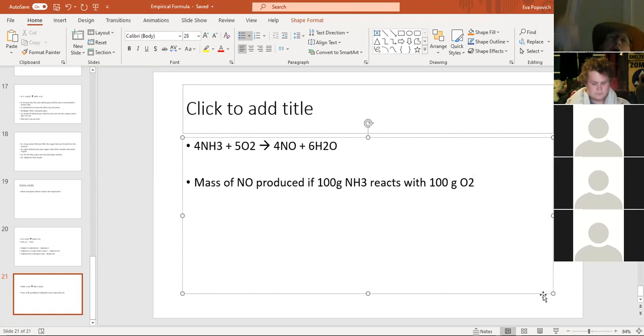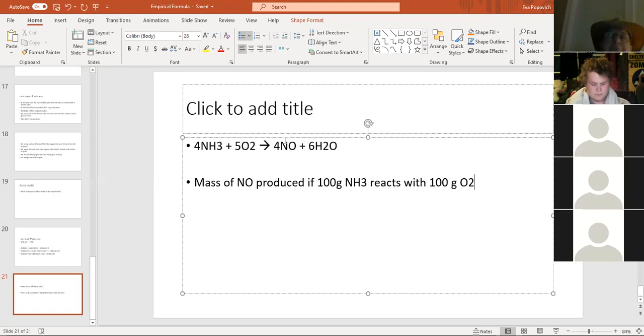So how do we determine that amount that's produced? It's asking for the mass of NO. Basically what it's asking is, if I have 100 grams of NH3, how much NO can I make? If I have 100 grams of O2, how much NO can I make?